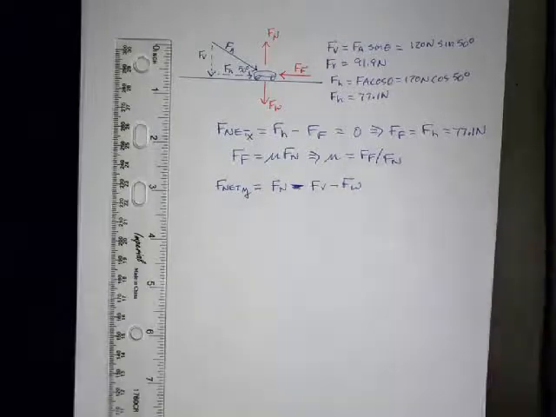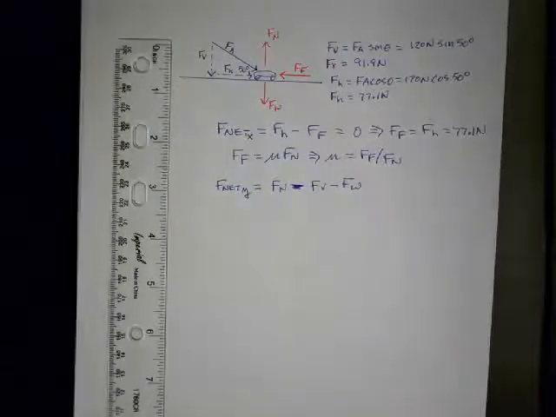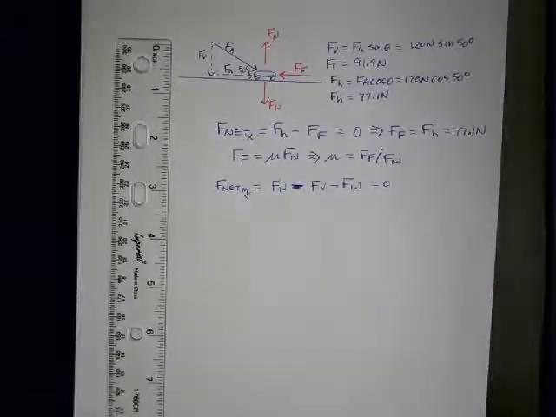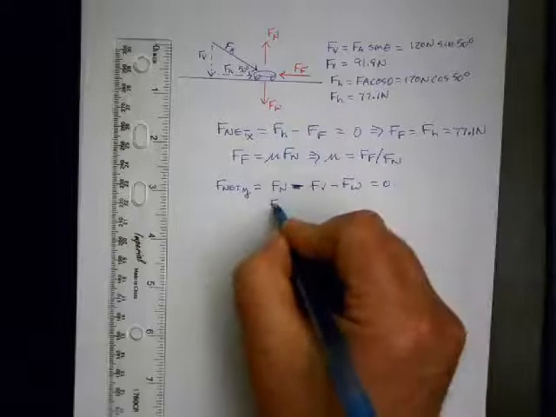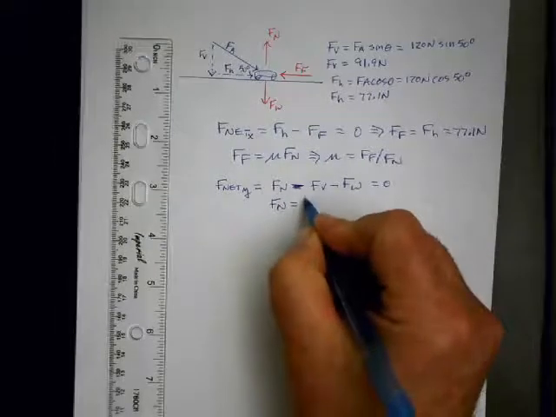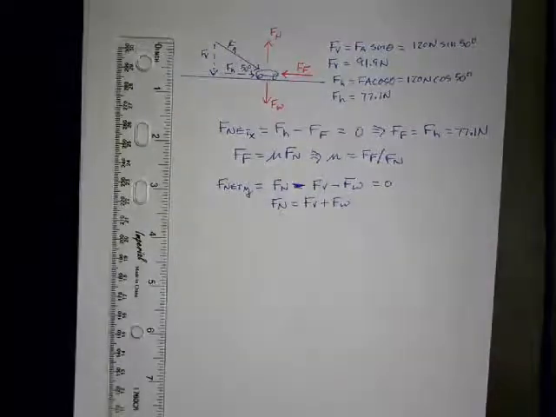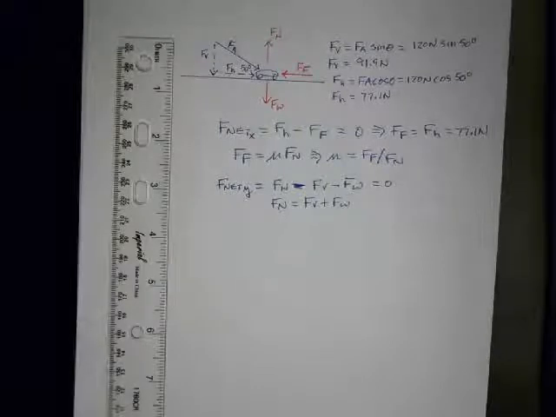And of course, this is 0 because it's not sinking into the ground and it's not moving up into the air. So my Fn is actually a little bit different than in that horizontal world I was in the last problem. And it is assumed that when we talk about pushing at an angle, we are pushing down in addition to pushing forward.